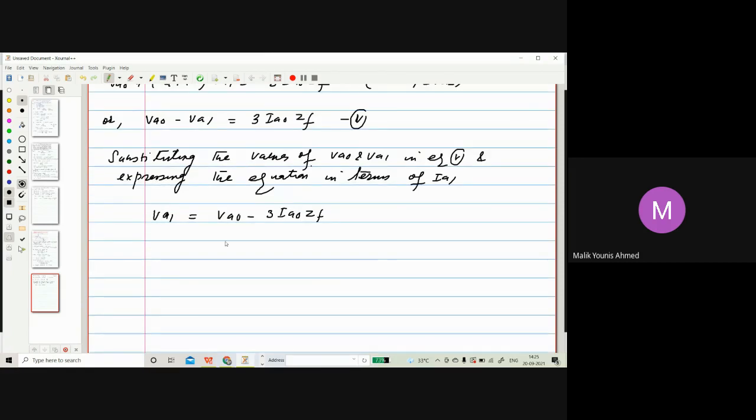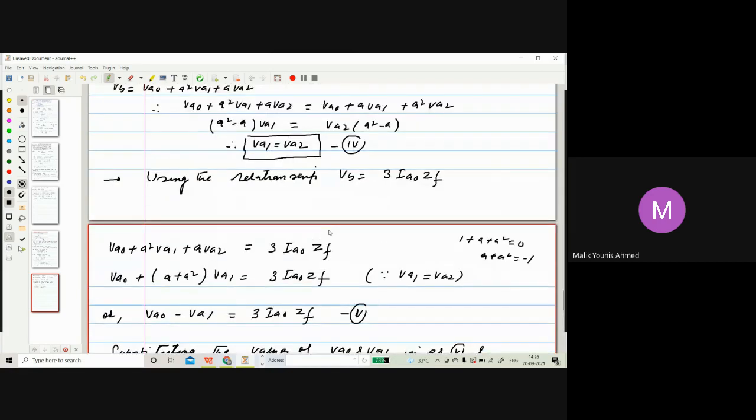We'll be substituting the value of VA1. The VA1 value we know is EA minus IA1 Z1, and that will be equal to VA0. VA0 in this case will be minus IA0 into Z0, but here we have neutral grounded, so that will be 3Zn, and that's very important for us.